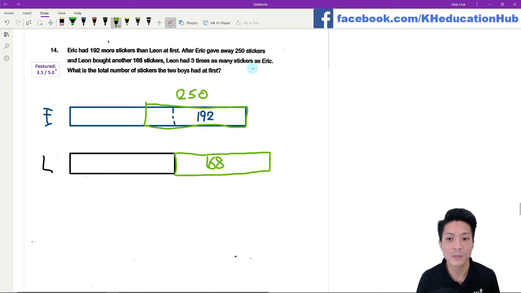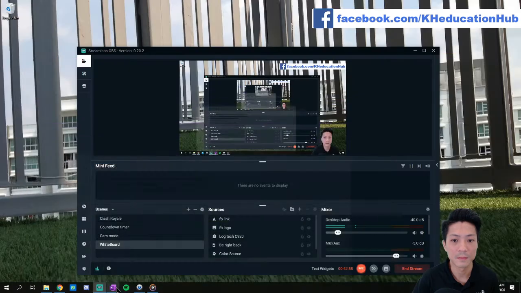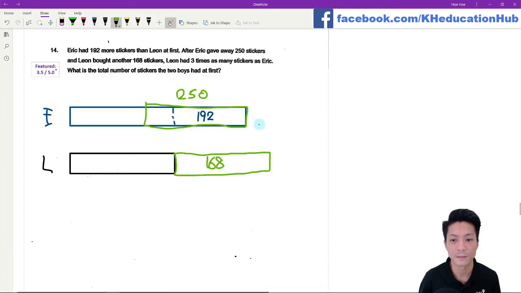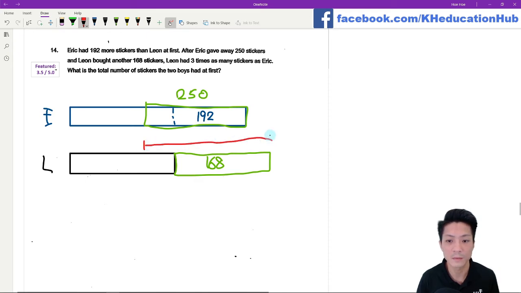Okay, Leon had 3 times as many stickers as Eric, which means that from here to here is the 2 units.